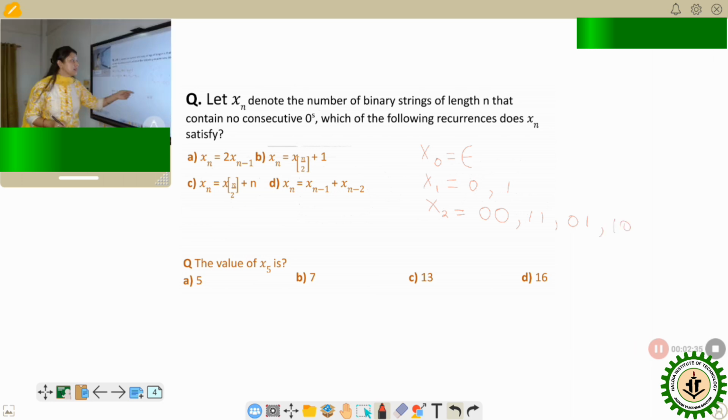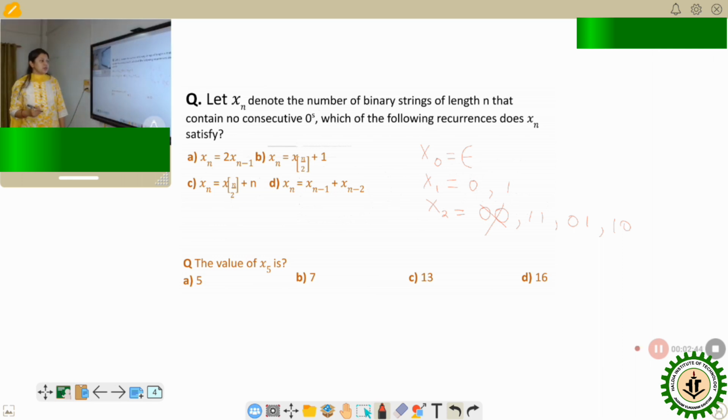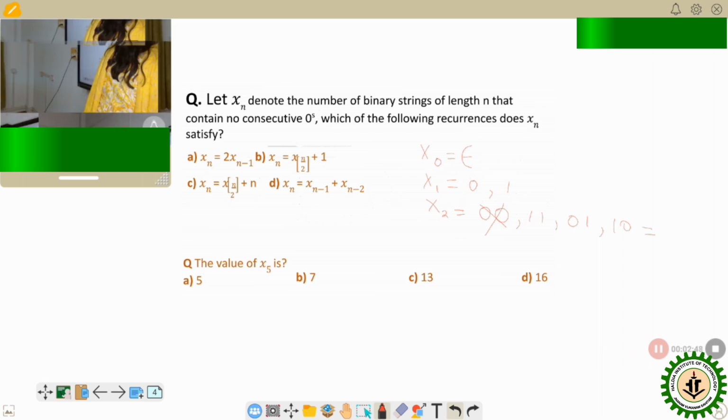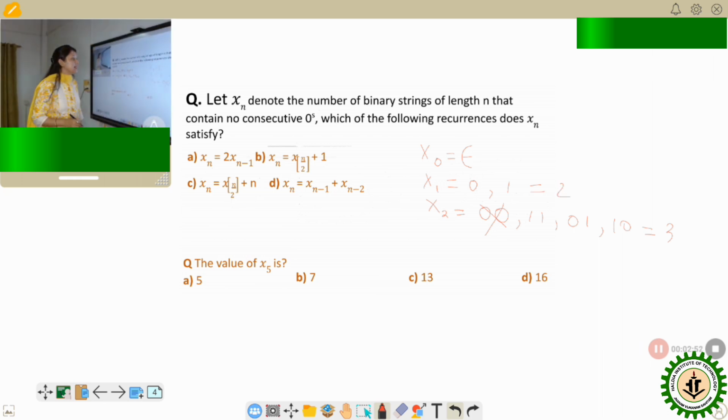But in 00 there are consecutive zeros, so it will not be present. So x2 contains 3 elements, x1 contains 2 elements and x0 contains 1 element.